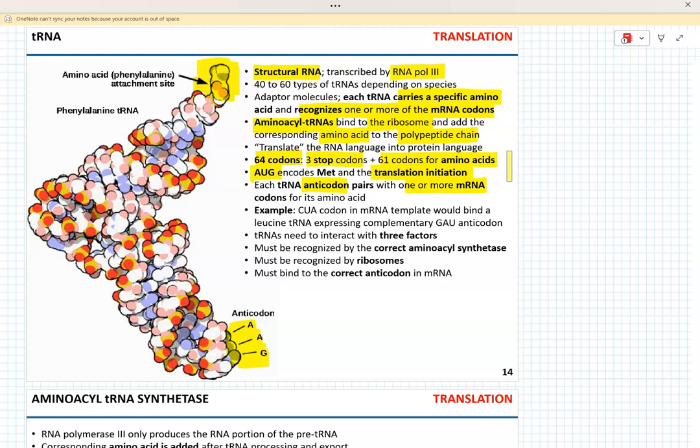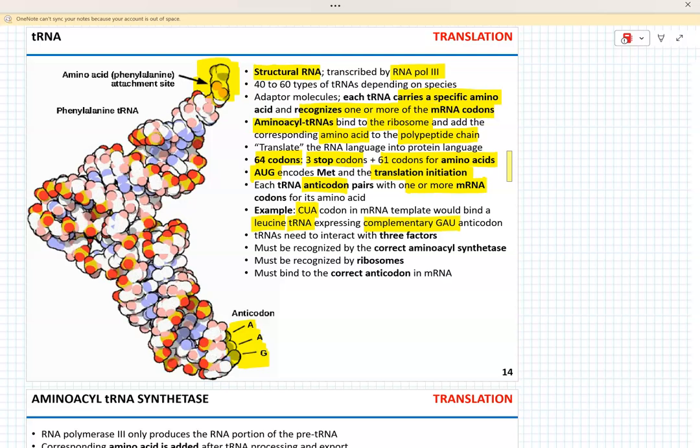So, for example, the codon for leucine in mRNA is CUA. This codon will bind a tRNA that carries the amino acid leucine, which contains a complementary GAU anticodon. You can see for yourself that GAU is complementary to CUA.